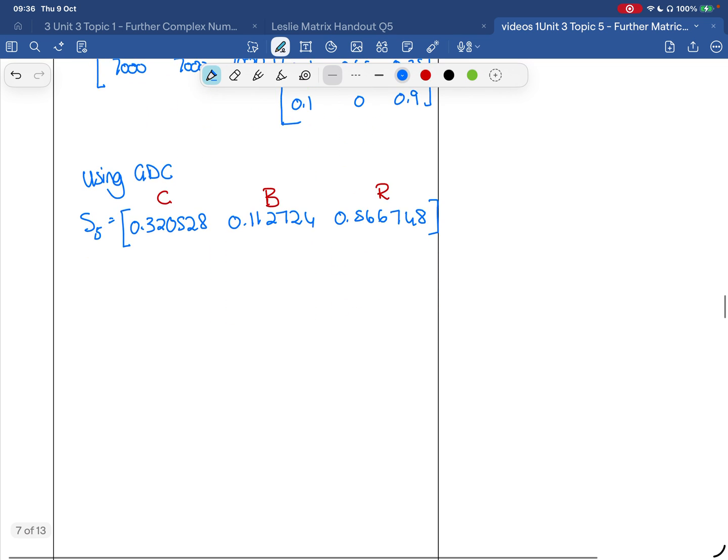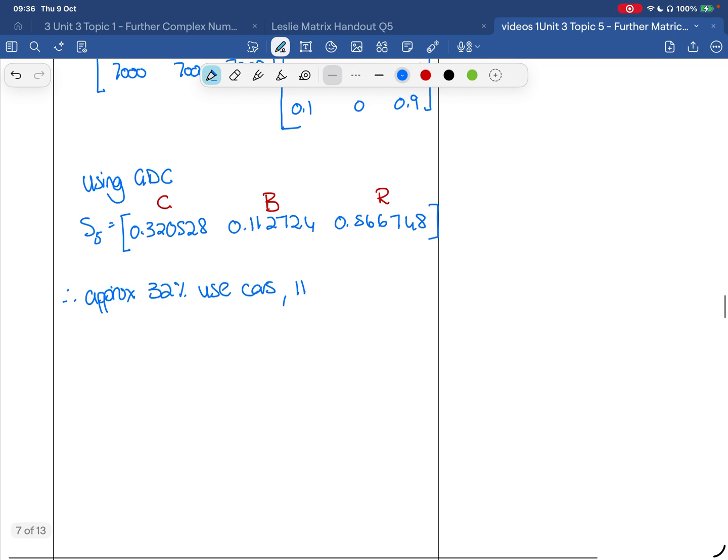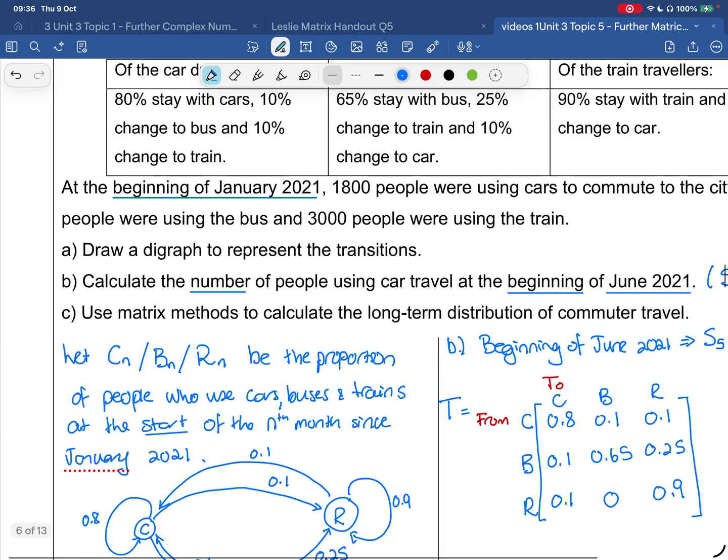Okay, so therefore I can say, therefore, approximately 32% use cars, 11, were they only asking for how many people used a car?